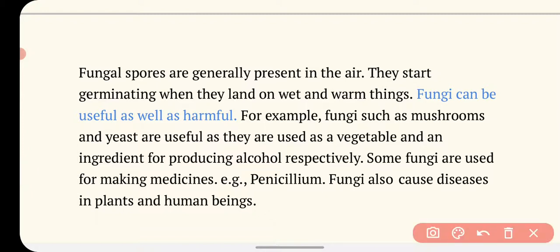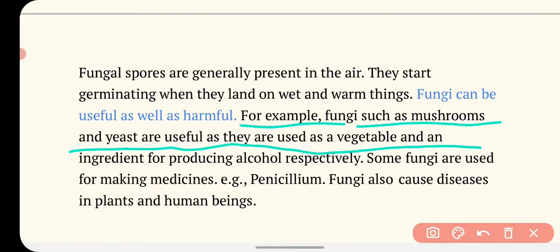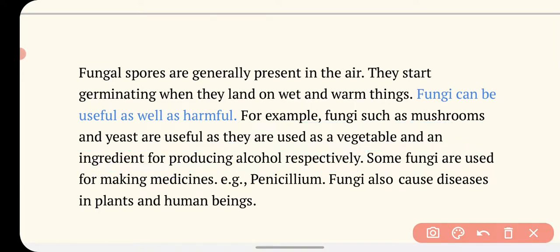Now fungi can be useful as well as harmful. For example, fungi such as mushrooms and yeast are useful as they are used as a vegetable and an ingredient for producing alcohol respectively. So fungi can be useful, and they can be harmful also.